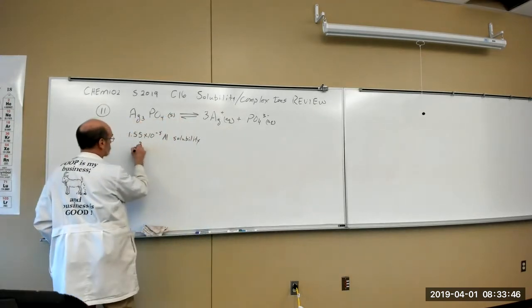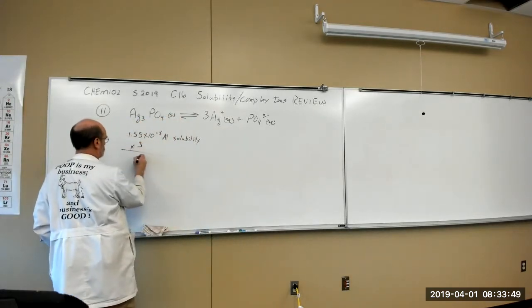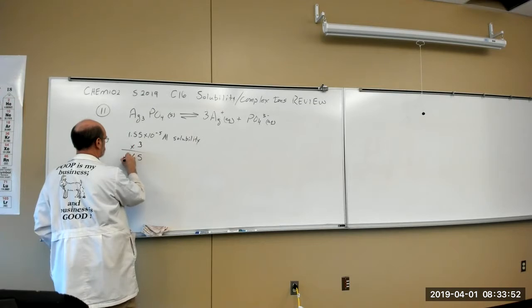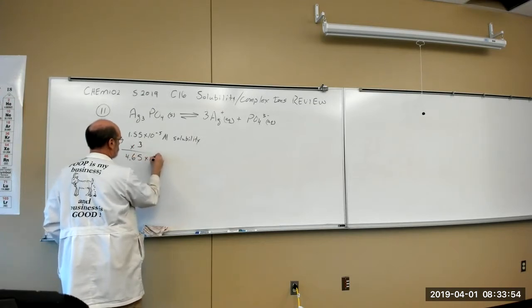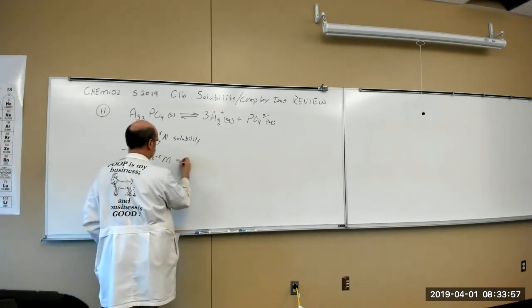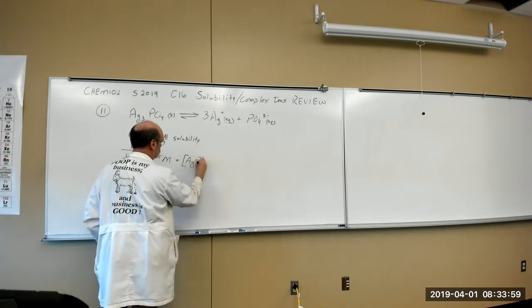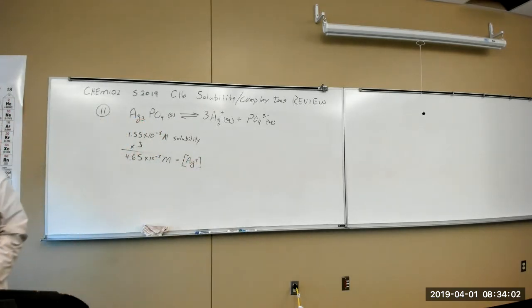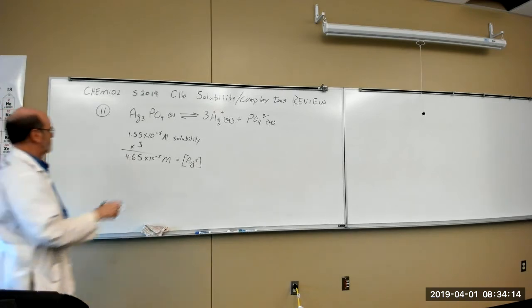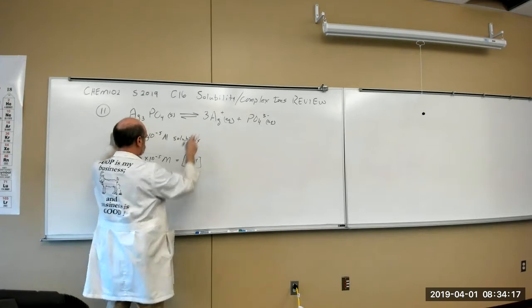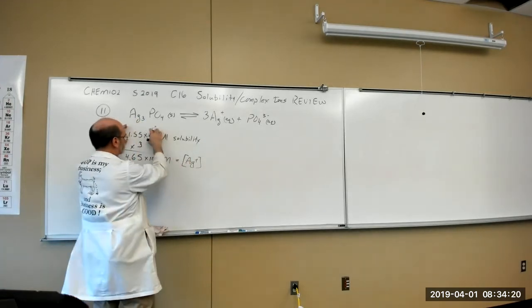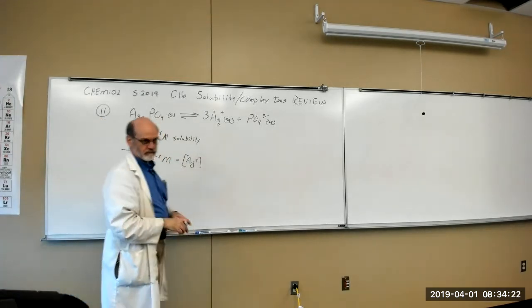So all you really have to do is just say 3 times molar equals concentration of silver. I'm pretty sure. Yes. The way I set it up in the answer sheet was I just turned these coefficients into a conversion factor and used them.